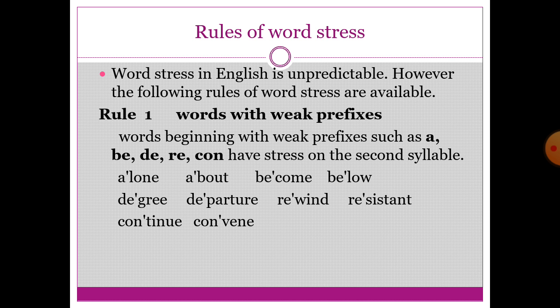And in the same way, below. The stress is on the second part, low. Below. And the next is degree. In the case of degree, de is a weak prefix, so that's why the stress is on gree. He got a degree. Then departure.